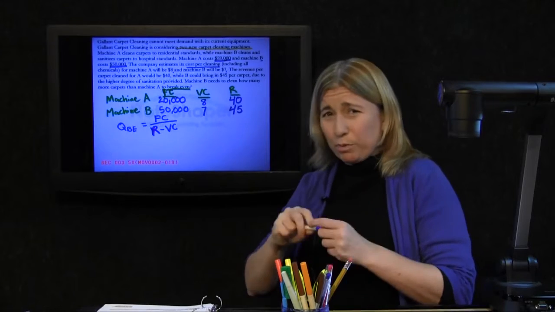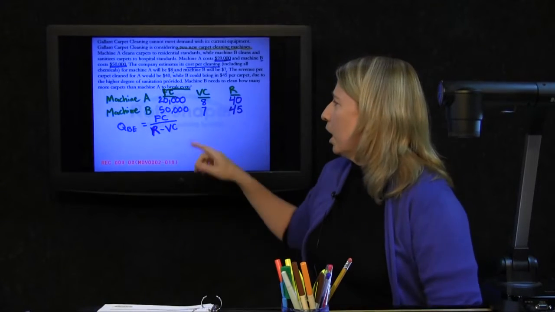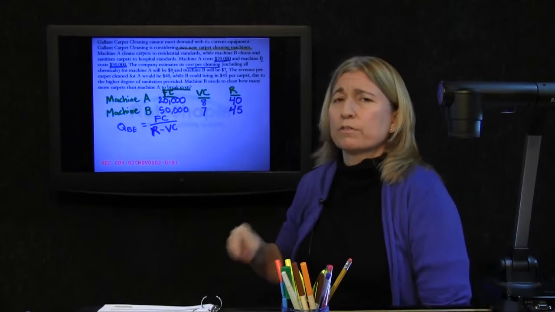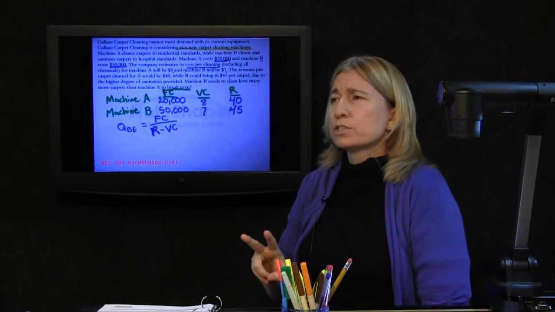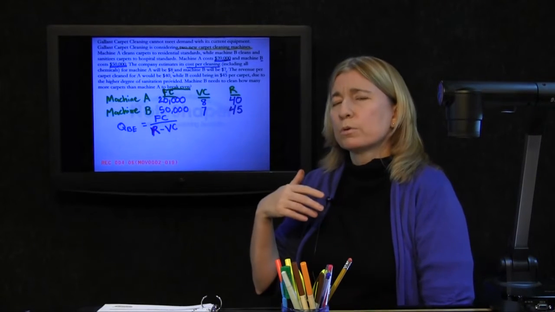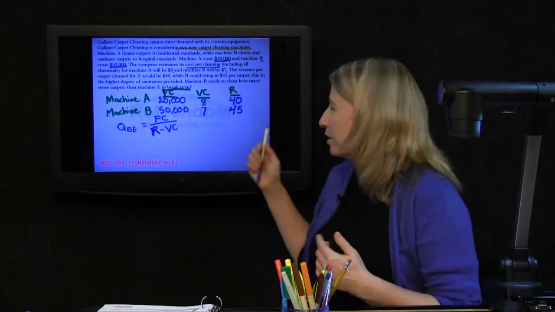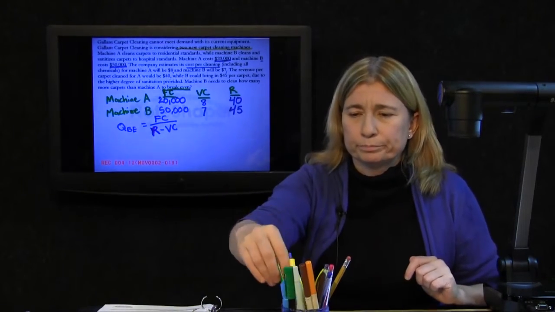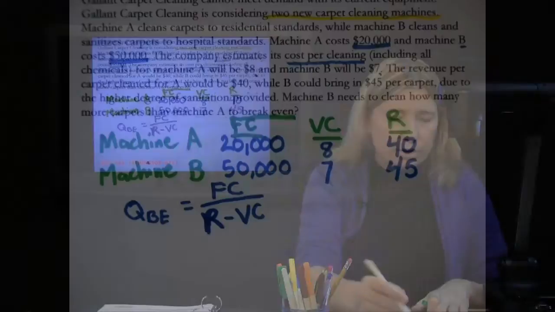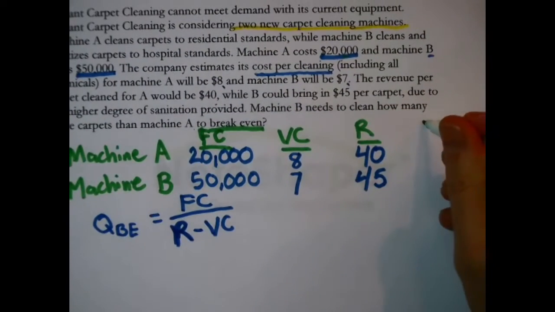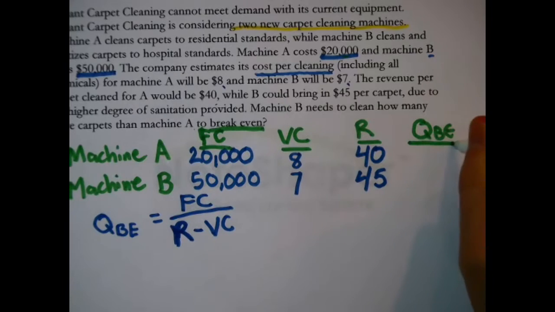Actually, for this problem, I need to use that formula twice, because there's 2 different options and we were given information to calculate. Essentially, oh, I can expand this table. I've got enough information here to calculate the break-even point for each machine. Oh, all right, so I should do that.